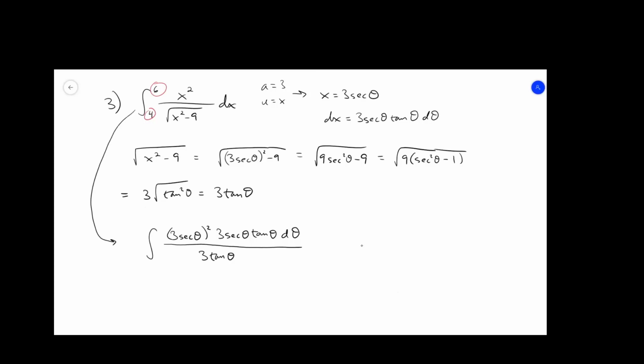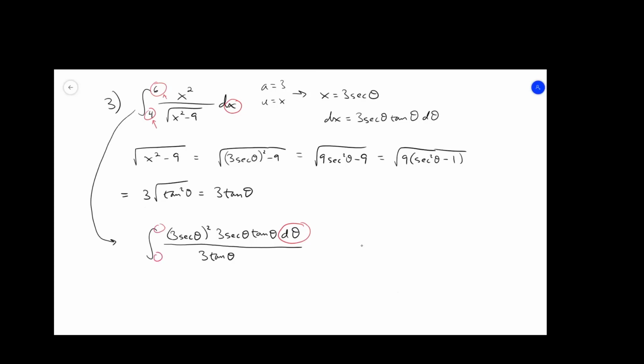Well, the same thing happens here. I've changed this integral from something in terms of x to something in terms of theta, so these x-value bounds will have to be theta bounds.